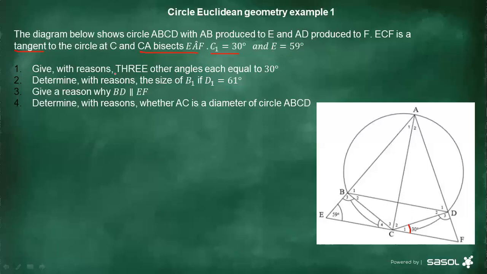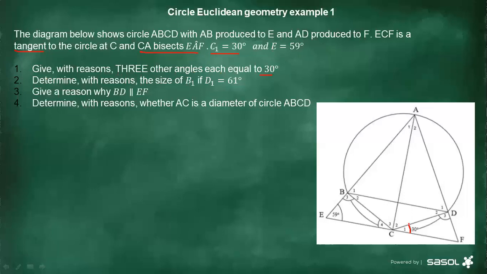Now let's go and look at the first question. The first question says, give 3 other angles equal to 30 degrees, with reasons. You can see this angle C1 there is 30 degrees. Now we have to look for other angles which are also equal to 30 degrees.